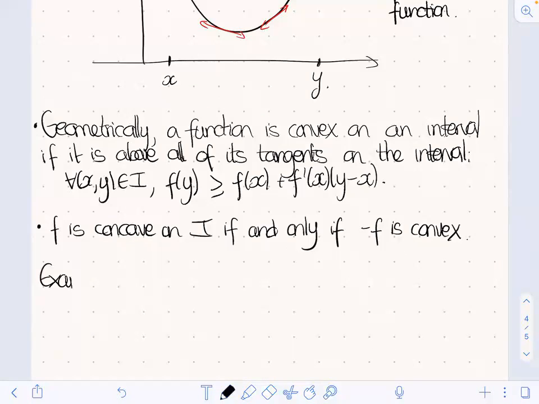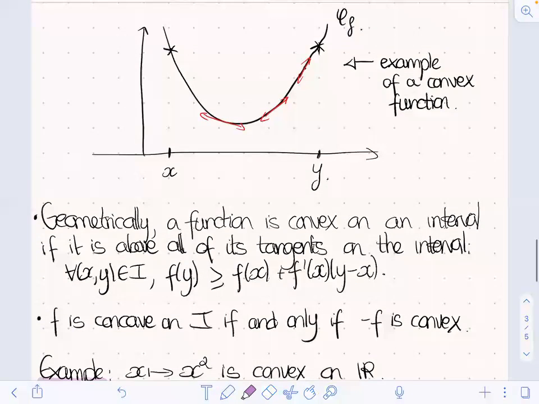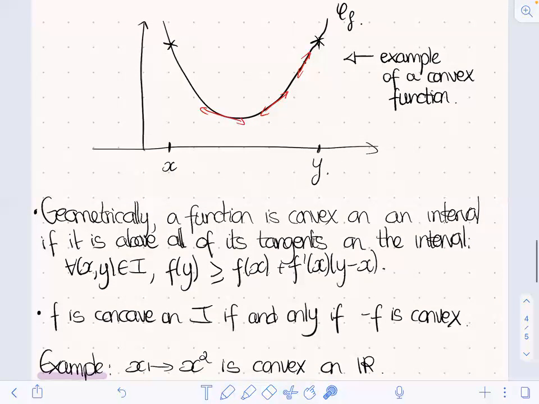The map x to x squared is convex on R. You know that the second derivative of this function is 2. So if you're ever in doubt and you know that x squared is convex, then that will give you that the second derivative has to be positive, and you can guess from the form of the curve of x squared that it's going to be above its tangents. Does that answer the question a little? Yes, it does. Thank you.